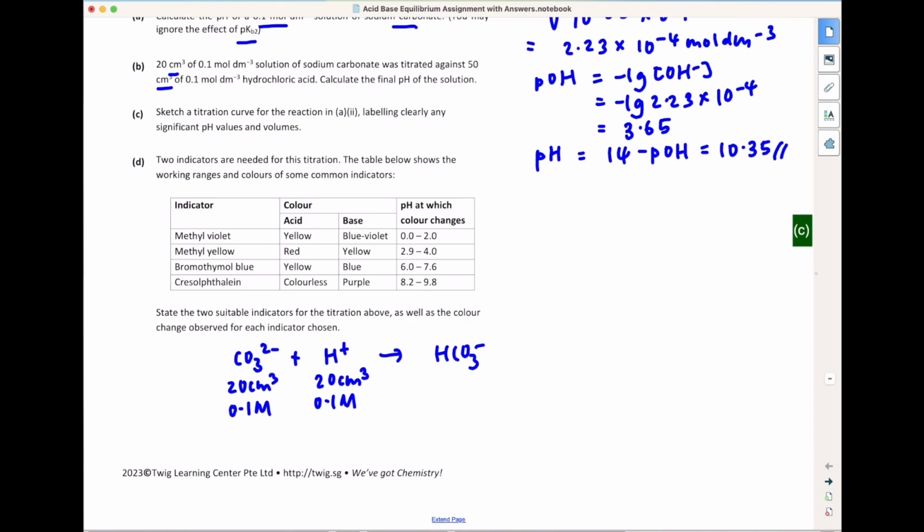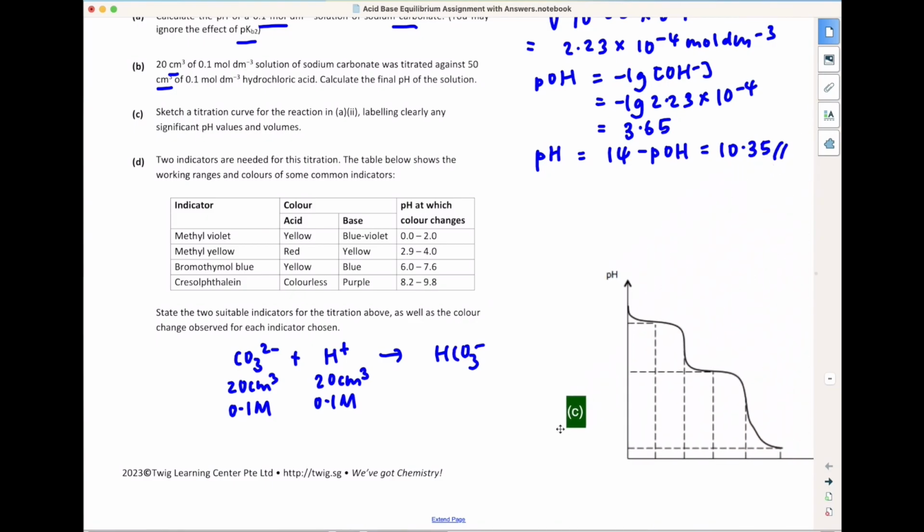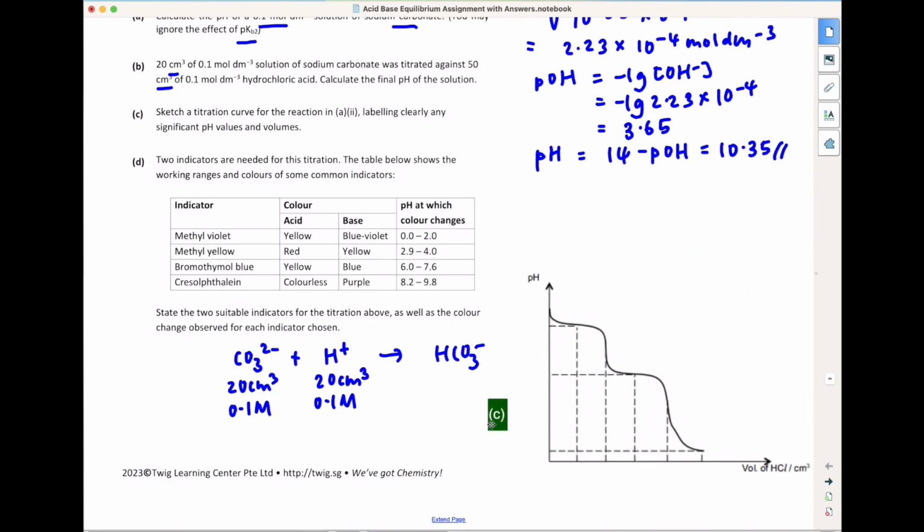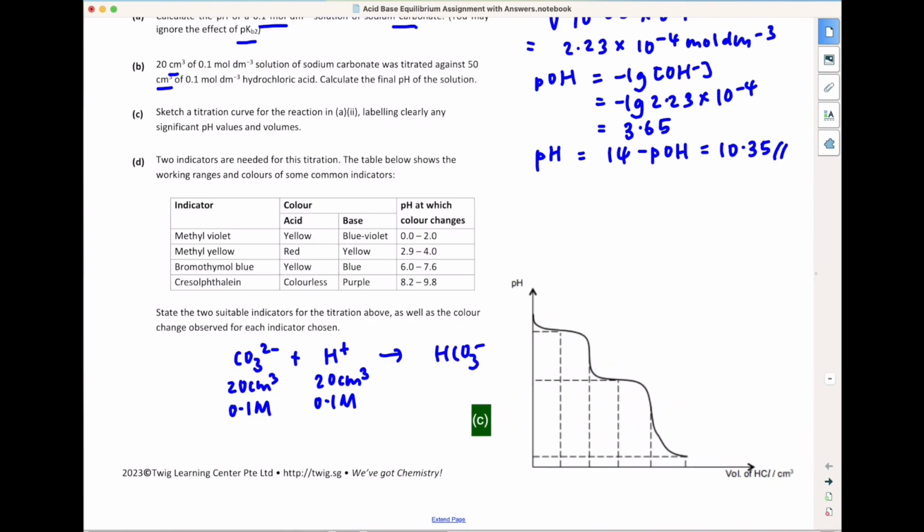So the graph should look something along this line. I'm going to give you an idea of what the graph should look like. I'll jump ahead and talk about it. You start with carbonate over here, and you reach the first equivalence point. At the first equivalence point you have HCO3-, and after that you get CO2 plus water.